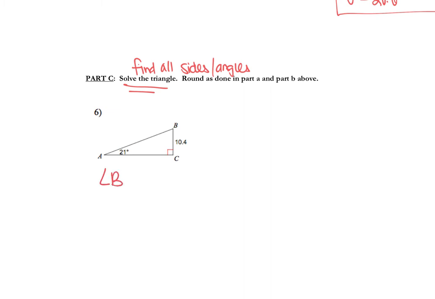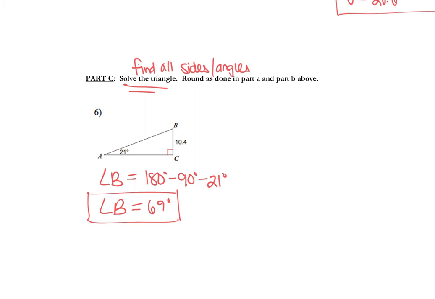So angle B is 180 minus 90 minus 21. So that's 69. So this is really the only case where I'll say it's okay for you to use non-original information. You weren't given this.